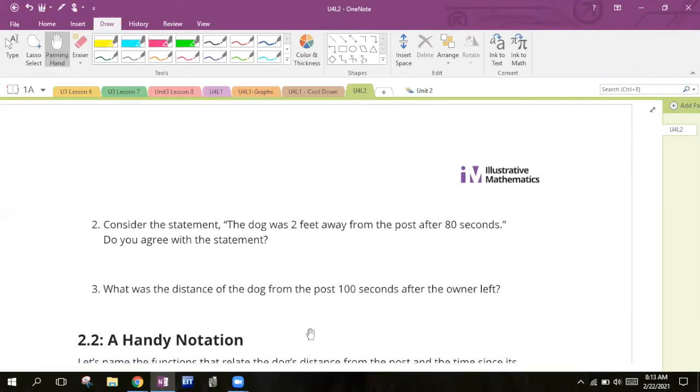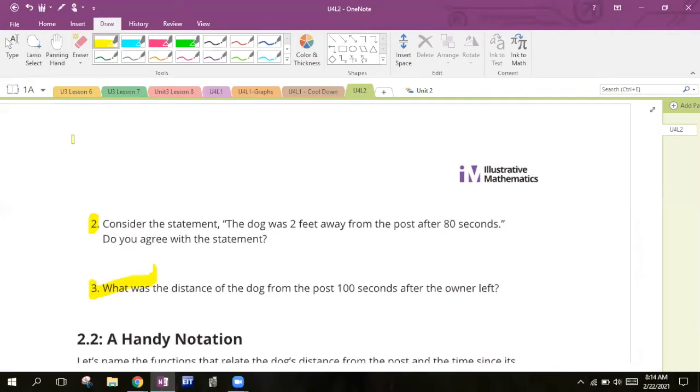That way I know when to start going over the question. Just 2 or 3. You can just send in your answer for 2 or 3. Just make sure you tell me which one you're typing for.